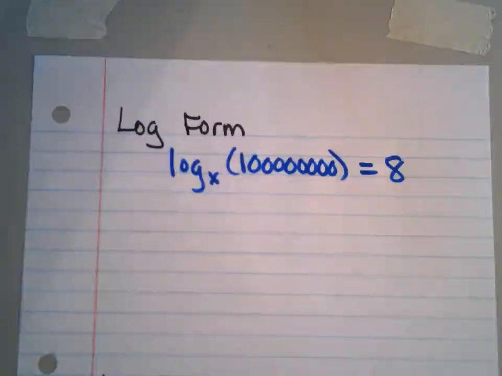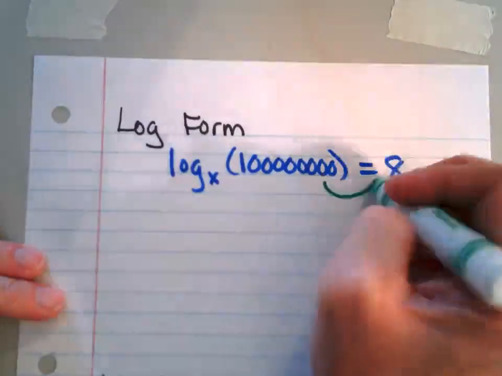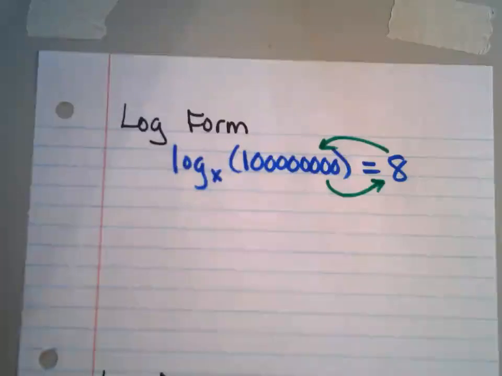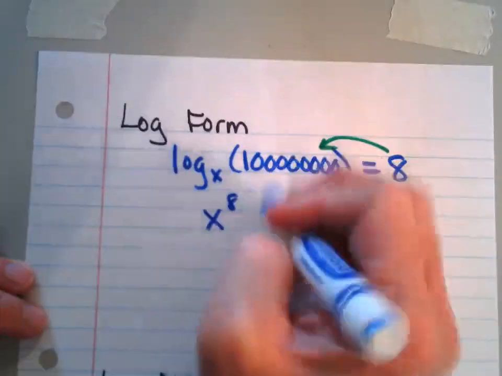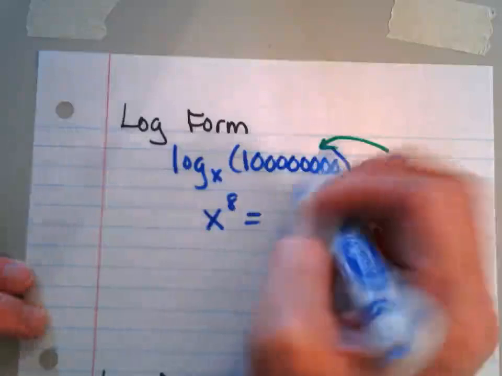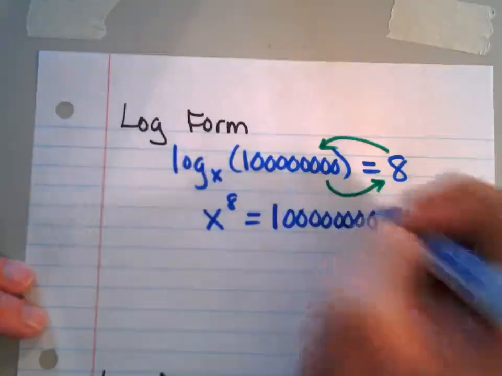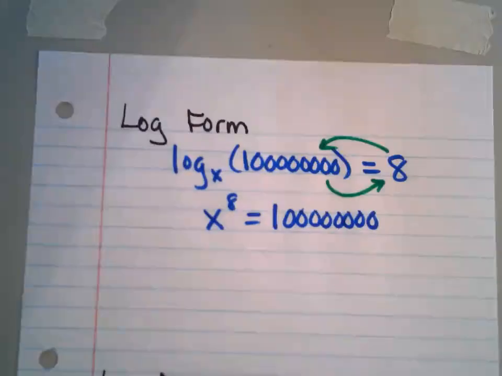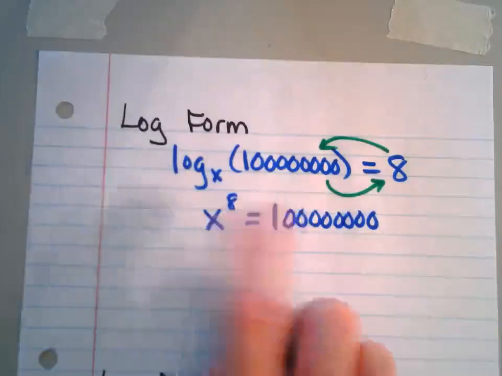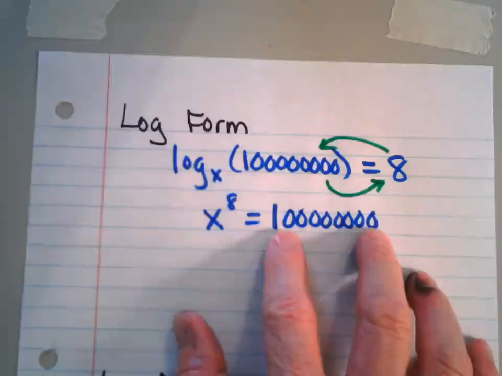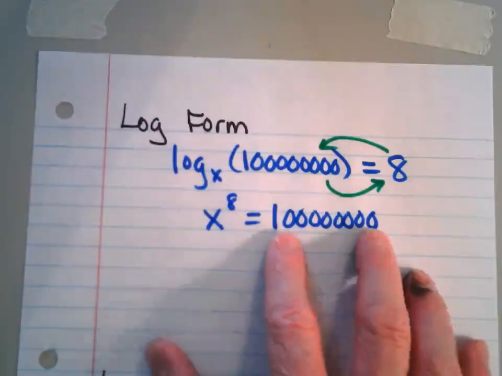So just like we did for the very first problems, these two are going to switch. We're going to rewrite this into exponential form. X to the 8th power equals this big number. 1 and 1, 2, 3, 4, 5, 6, 7, 8. Now, hopefully you understand that numbers like this are just 10 raised to a different power.